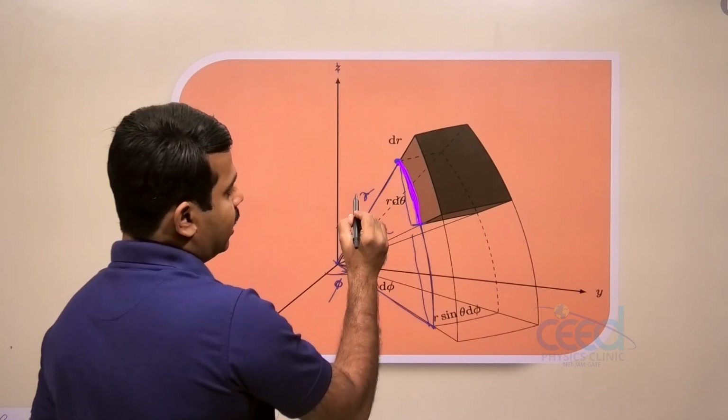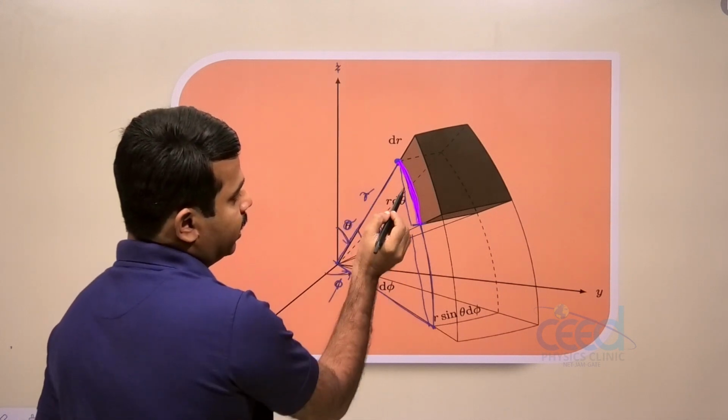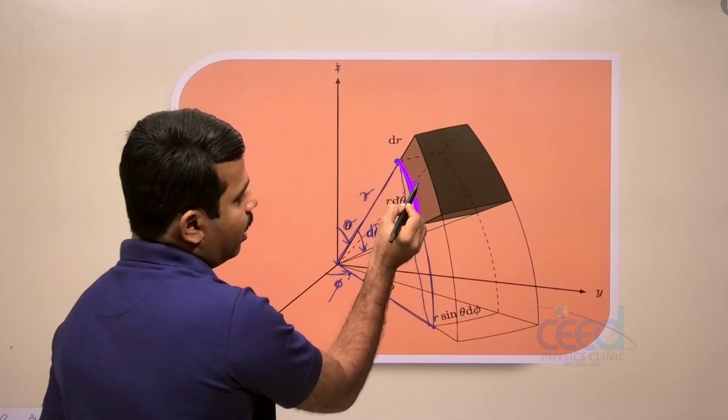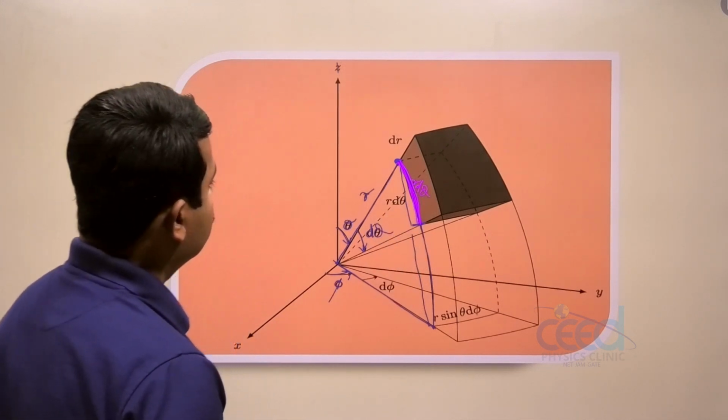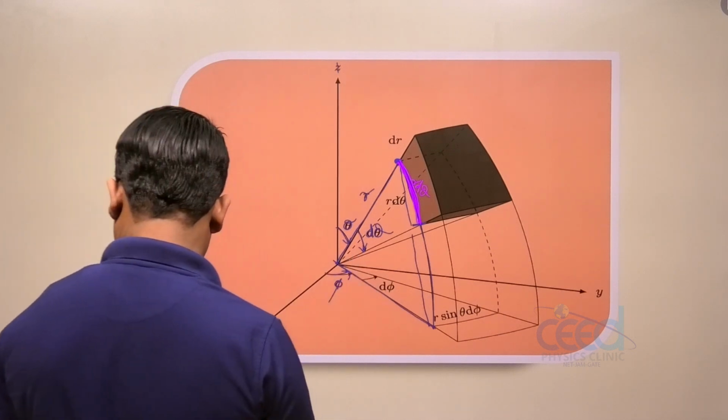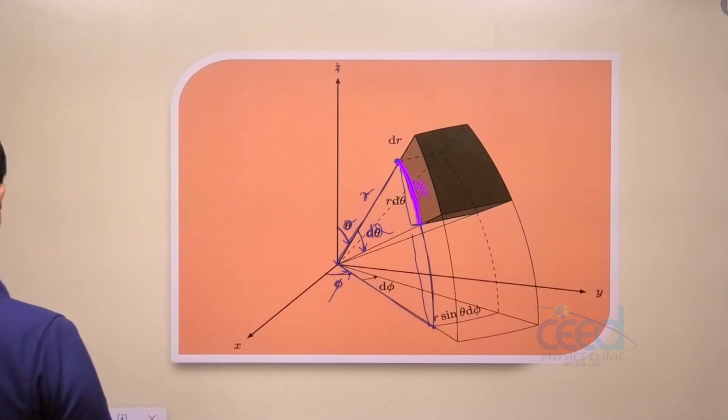What is this length? This length is r, the angle is d theta, so this arc length is r d theta, correct? So I can represent this length as r d theta.